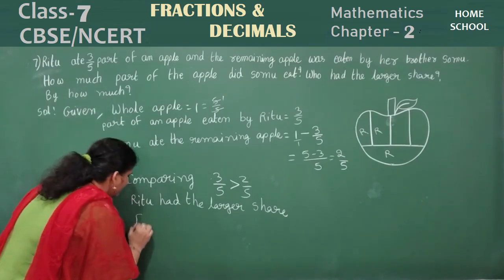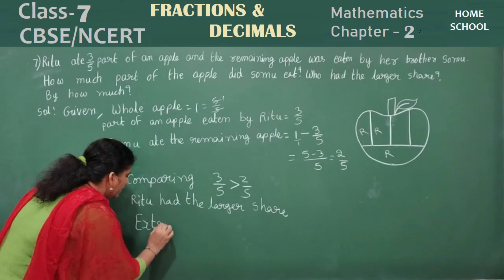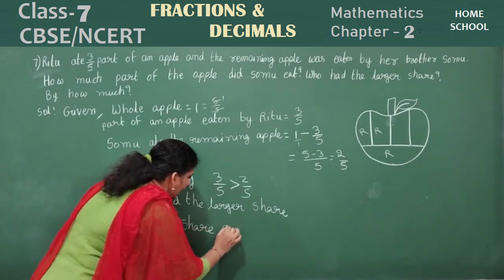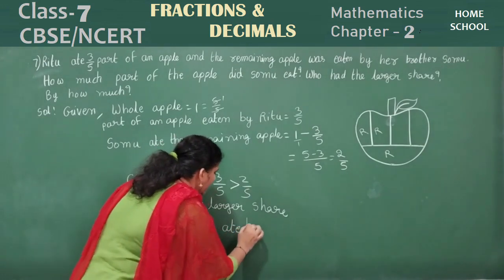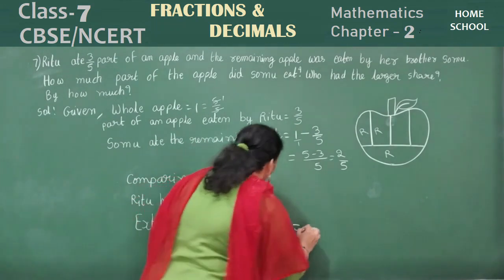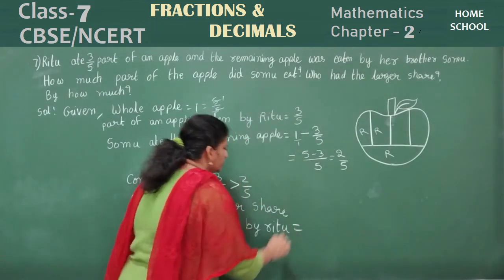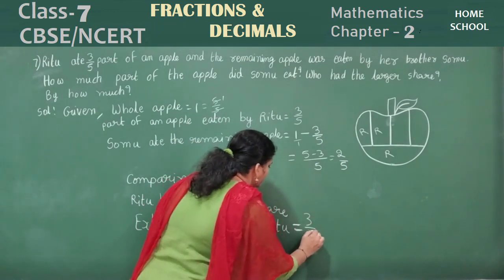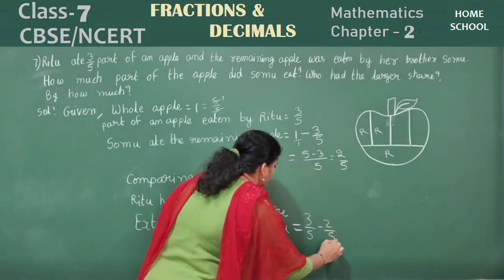So now, what is the extra share here? Extra share eaten by Ritu is equal to. So how much share children? How can you get here? Subtract 3 by 5 minus 2 by 5.